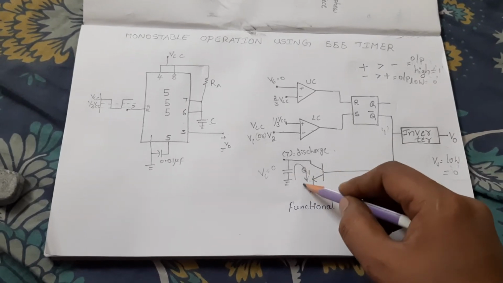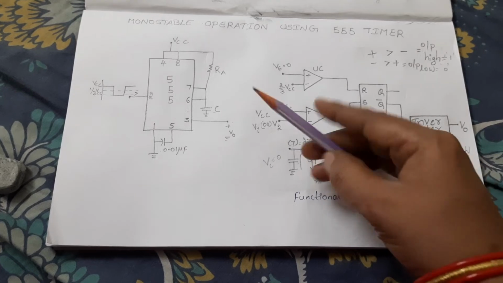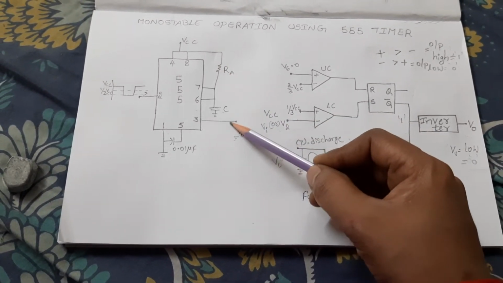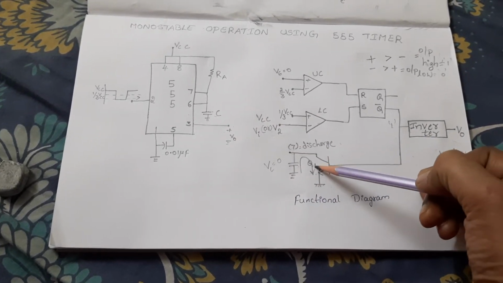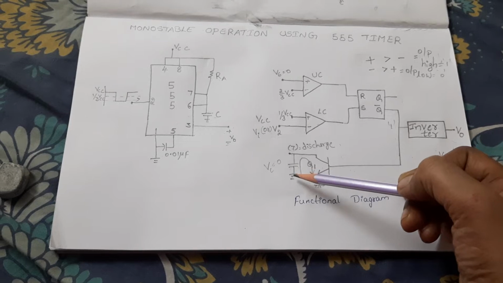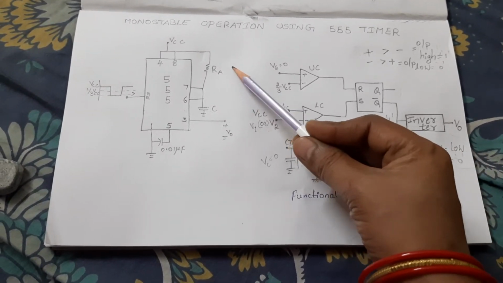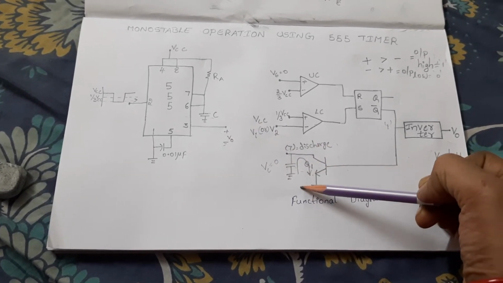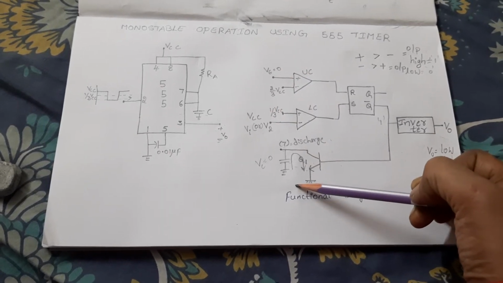While discharging, RA and C are connected to ground, not to VCC.